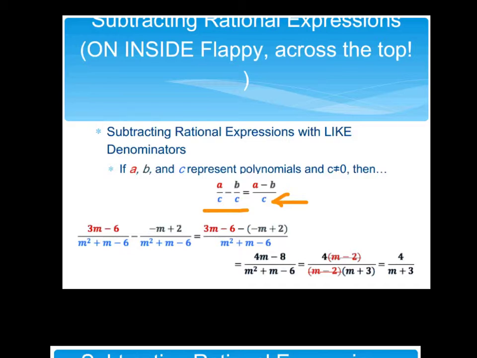So we can go through this fairly hairy little problem here. We have 3m minus 6 over m squared plus m minus 6 minus negative m plus 2 over m squared plus m minus 6. So up top, we're going to simply look at the 3m minus 6 minus the negative m plus 2.